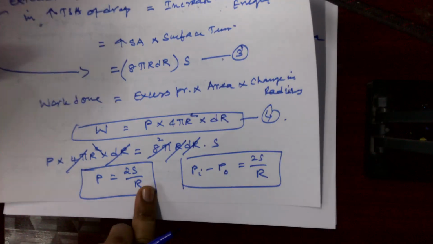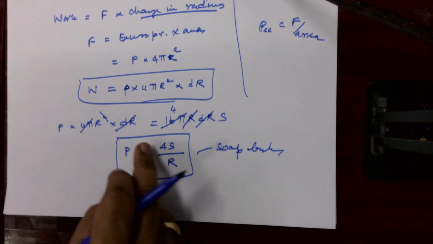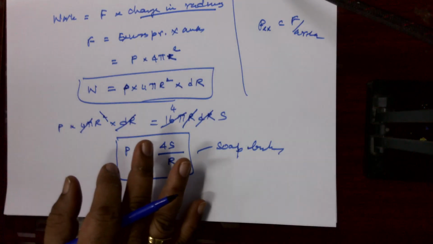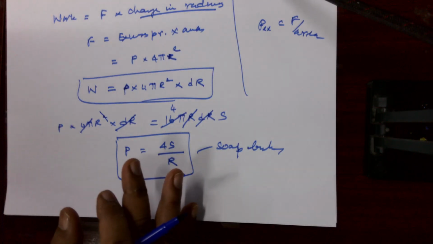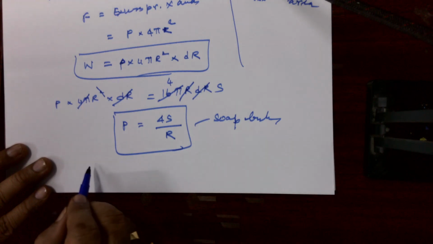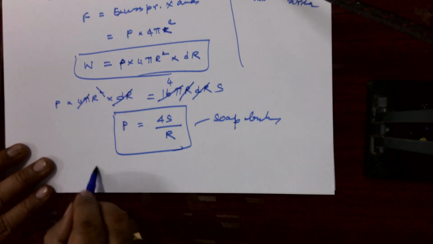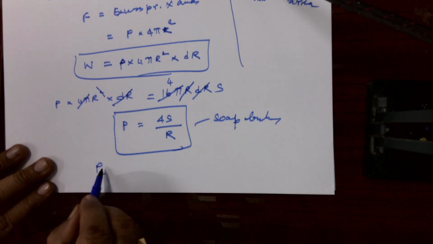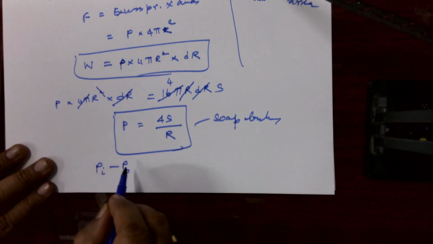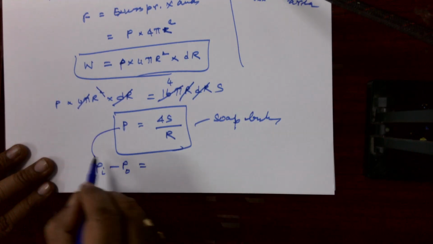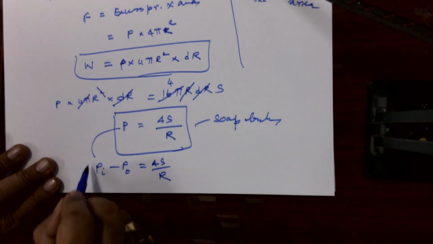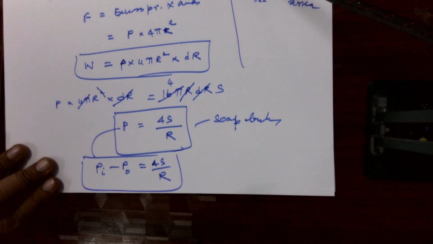But if it is a soap bubble, it is twice, so 2 into 2S, that is 4S by R. Is it clear now? Got it? In terms of pressure, we can mention this as internal pressure minus outward pressure, that is the excess pressure, equal to 4S divided by R. You can interpret it in this way also.